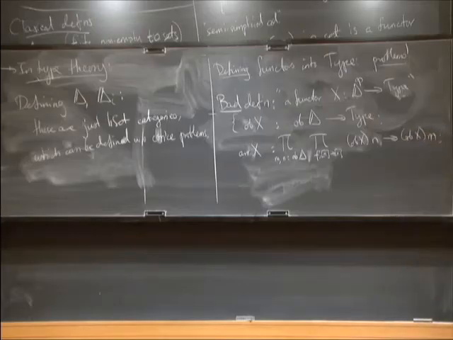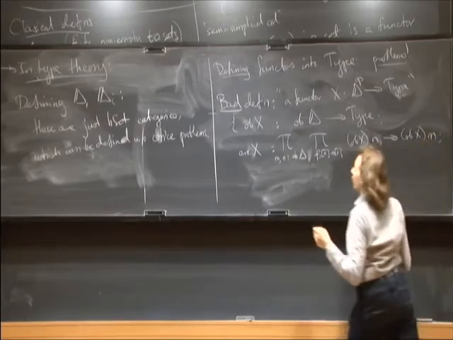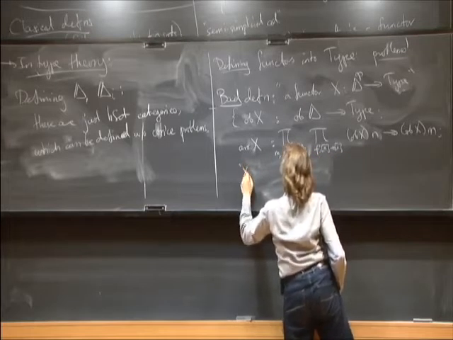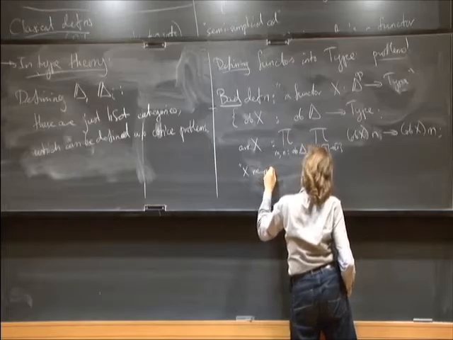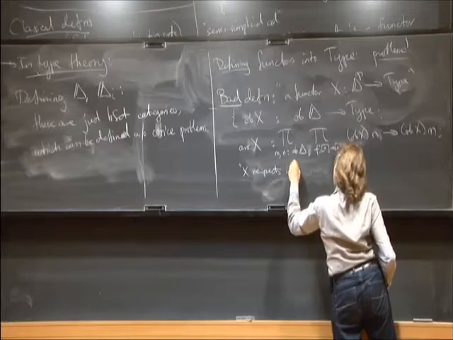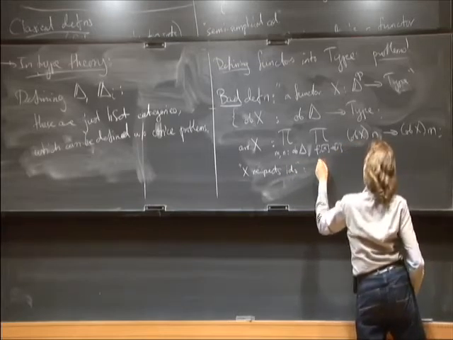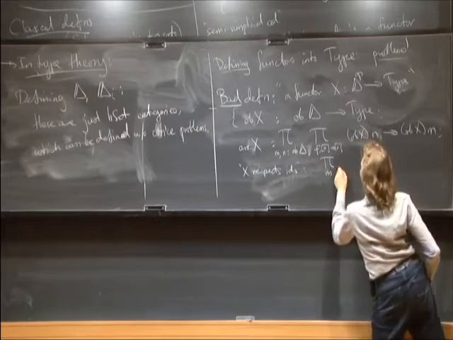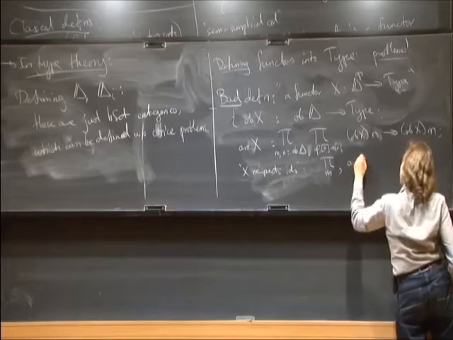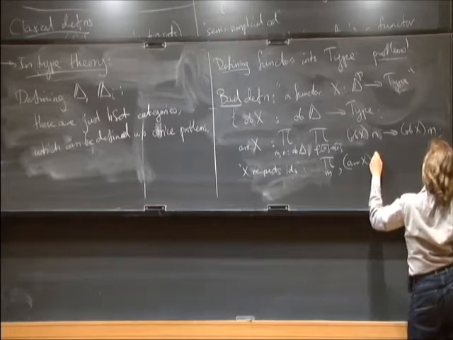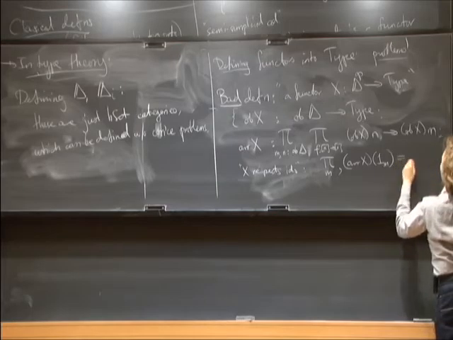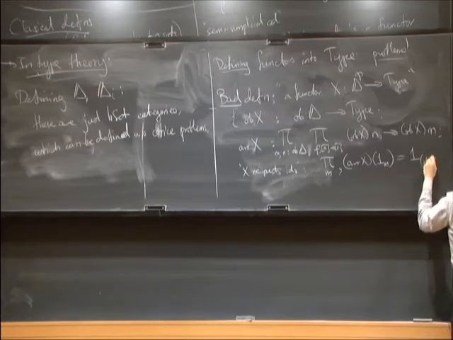So we have the maps, and then we want functoriality. What does that mean? That just means we want that x respects identities, so for all m, the arrows of x applied to the identity on m equals the identity on the appropriate set.